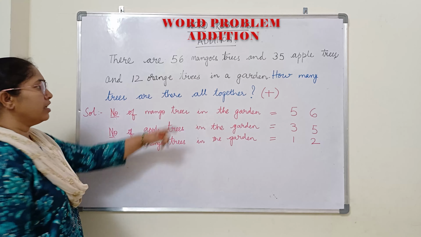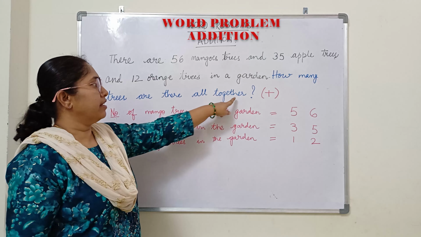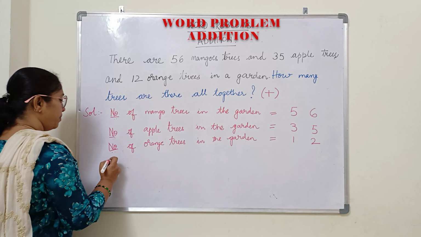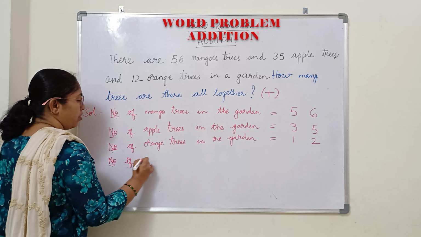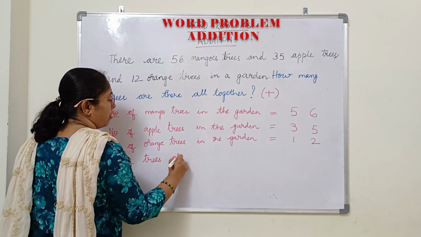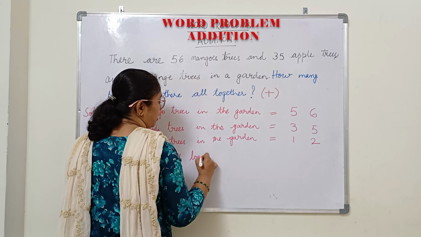Now what is the question? How many trees are there all together? So the next statement will be, number of trees all together.